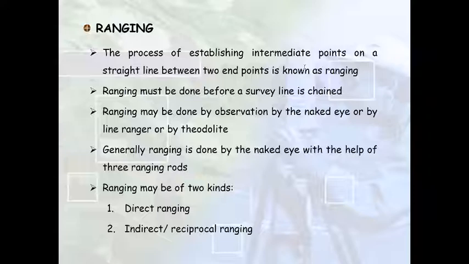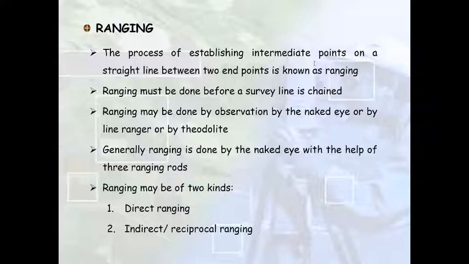If you want to set out larger distances, then you need to locate intermediate points between those two actual points. That process is called ranging. It basically helps you in aligning your direction properly.